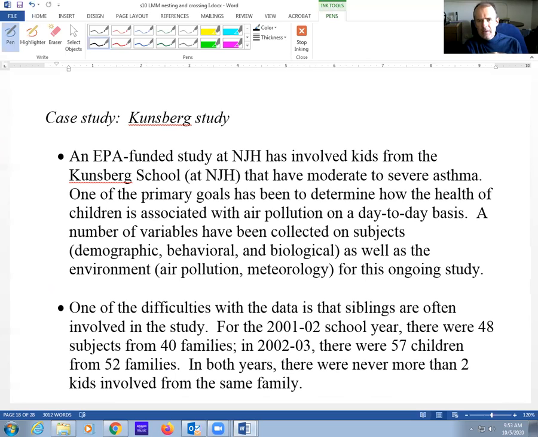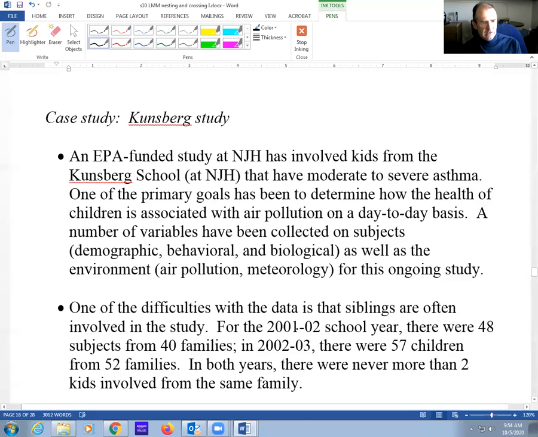If one kid tends to have higher values for an outcome, because they're siblings, that may increase the chance of their brother or sister having higher or lower outcomes. So it's something we should at least look at, whether this dependence between siblings may impact the data.